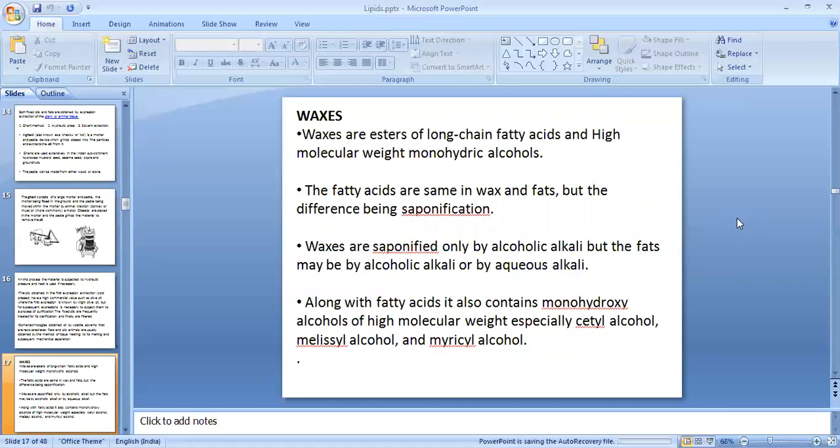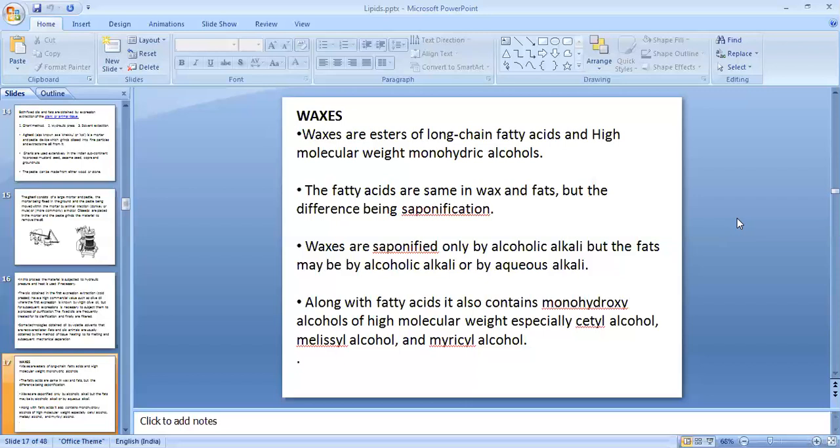And the fatty acids are same in case of waxes and fats, but they differ in their saponification process. Waxes can be saponified only by using the alcoholic alkali, whereas the fats can be saponified by using the alcoholic alkali or aqueous alkali.